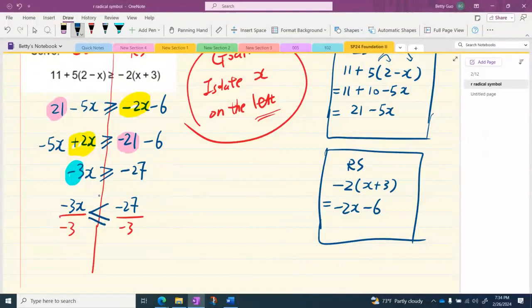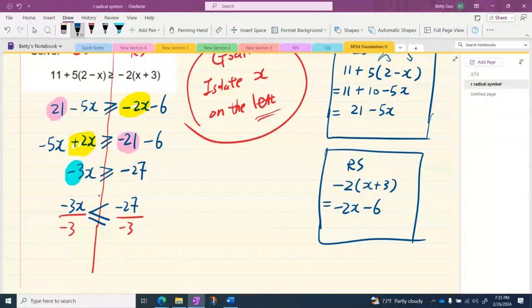That's the only difference, the only thing you need to pay attention to. The only difference between the two solving processes. You have to switch the inequality symbol in the middle. I'll explain why in a moment, okay? So when do we apply the rule? When we multiply or divide both sides of the inequality by the same negative number.